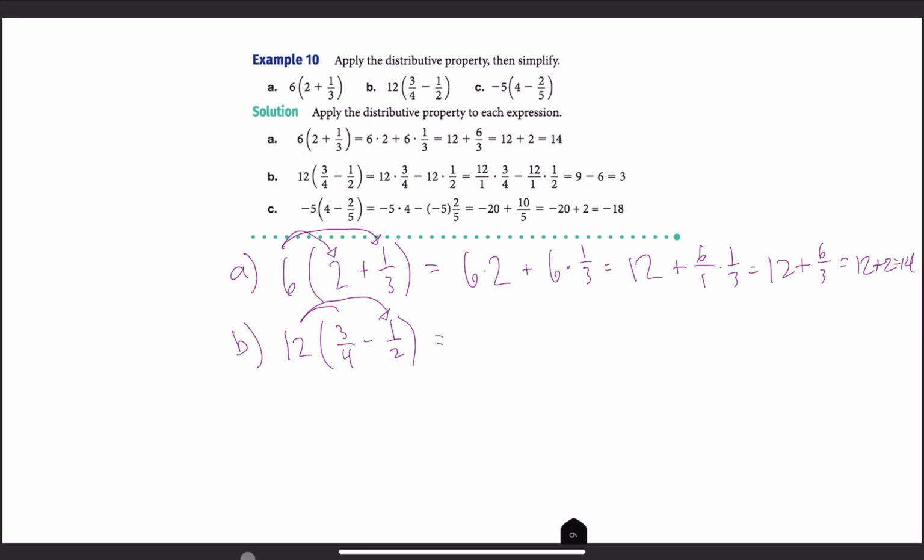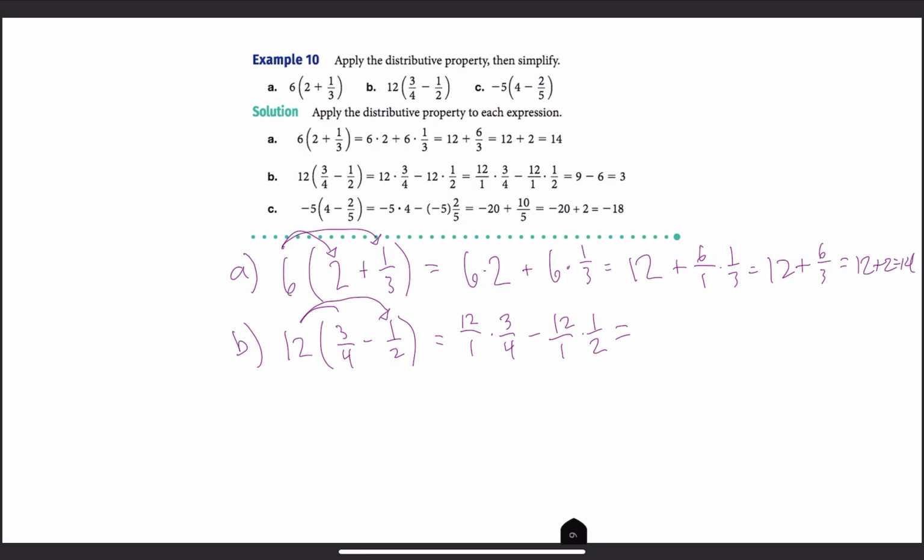So 12 times 3/4 is really like 12 over 1 times 3/4. And 12 times minus 1/2 is 12 over 1 times minus 1/2.